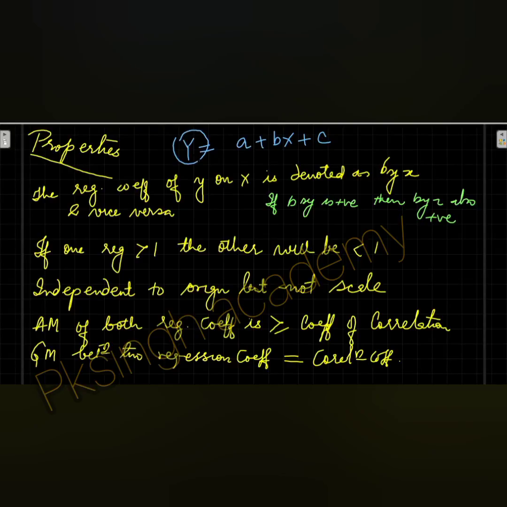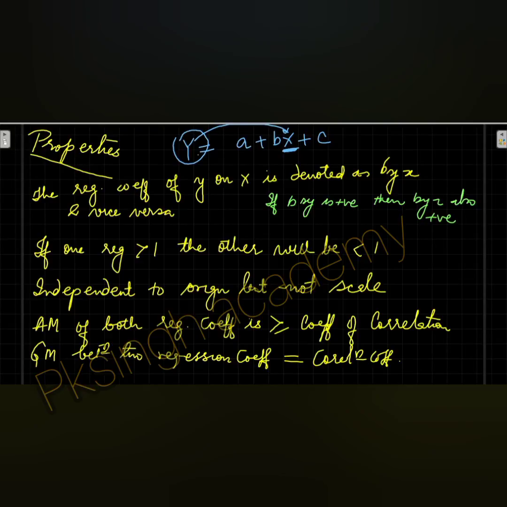Y is the dependent variable because y will only be concluded when we know the variable x. So x is an independent variable. The regression coefficient of y on x means y depending on x, is denoted by byx, and vice versa.